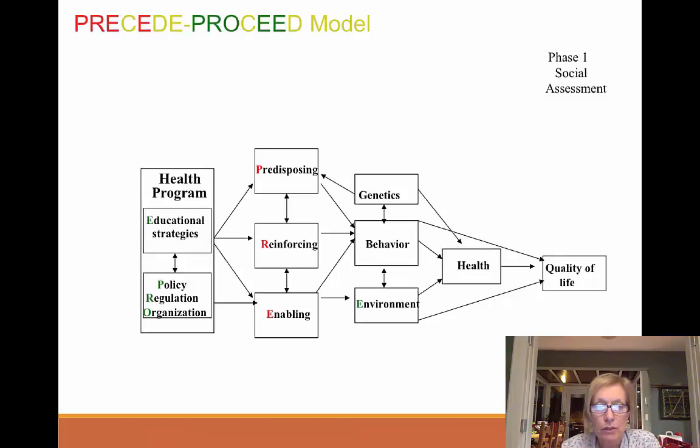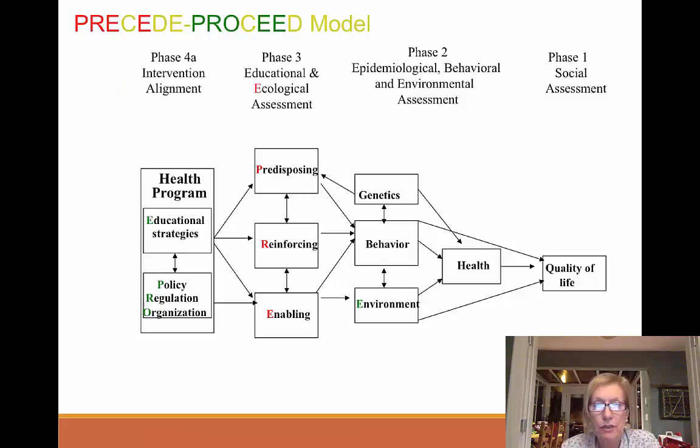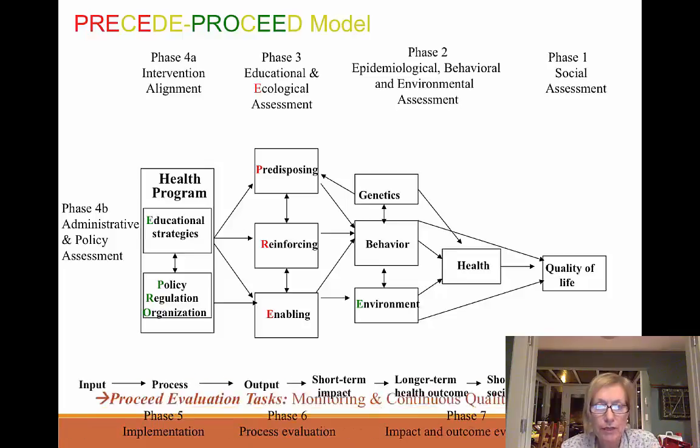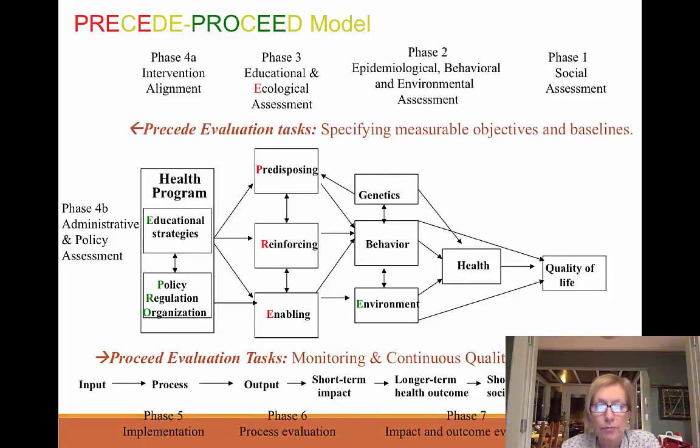And this is what it looks like as a model. We've got the PRECEDE components at the top part of the model, phase one. Basically these are the evaluation tasks preceding a health program, and then at the bottom, going the other way, are the PROCEED evaluation tasks, which is monitoring and continuous quality improvement.